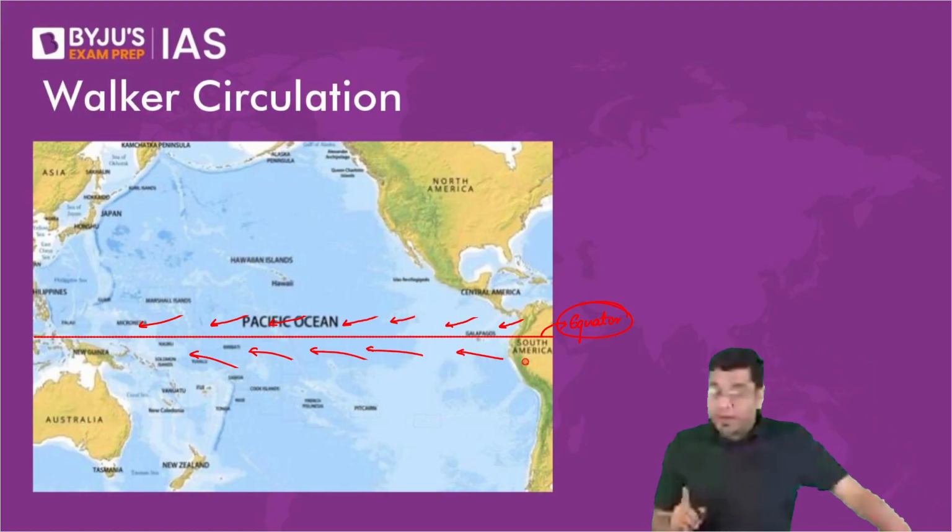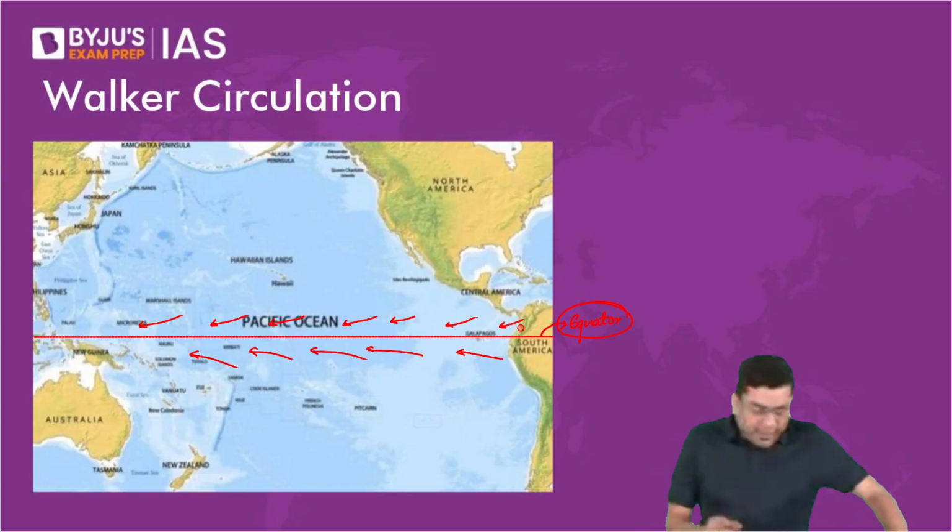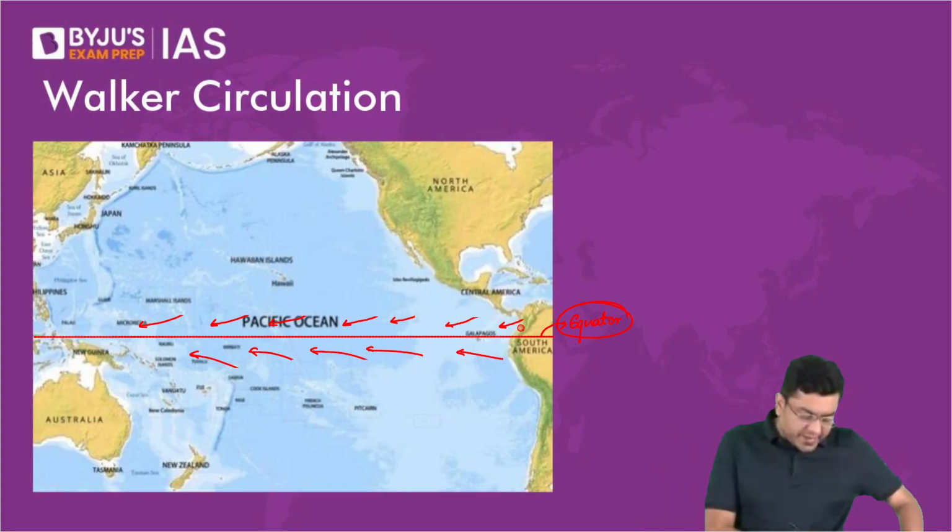These are trade winds. So what is the direction of the wind? Can we say around the region of equator, the general flow of direction is from east to west? Right? So the wind movement will be east to west.